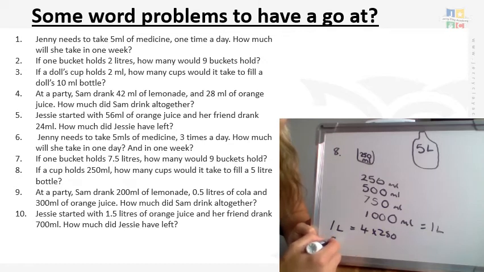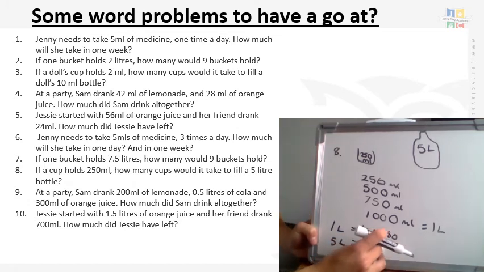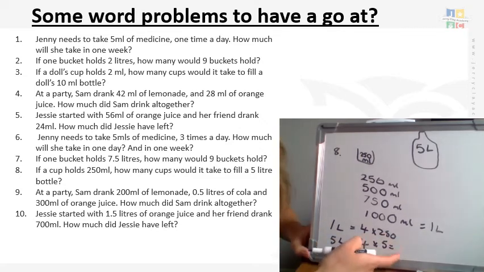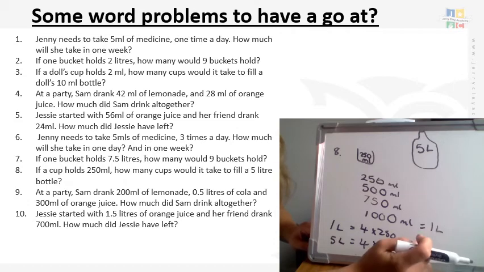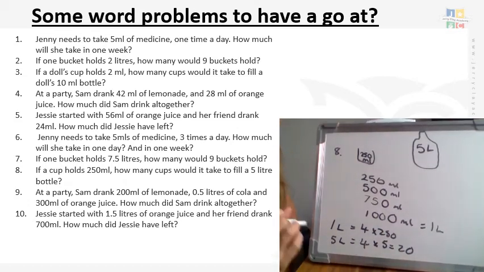So in 5 litres, I want 4, because there are 4 lots in each, times it by 5, because there are 5 litres, which is going to be 20. So again, this was another challenge, so you would need 20 cups.